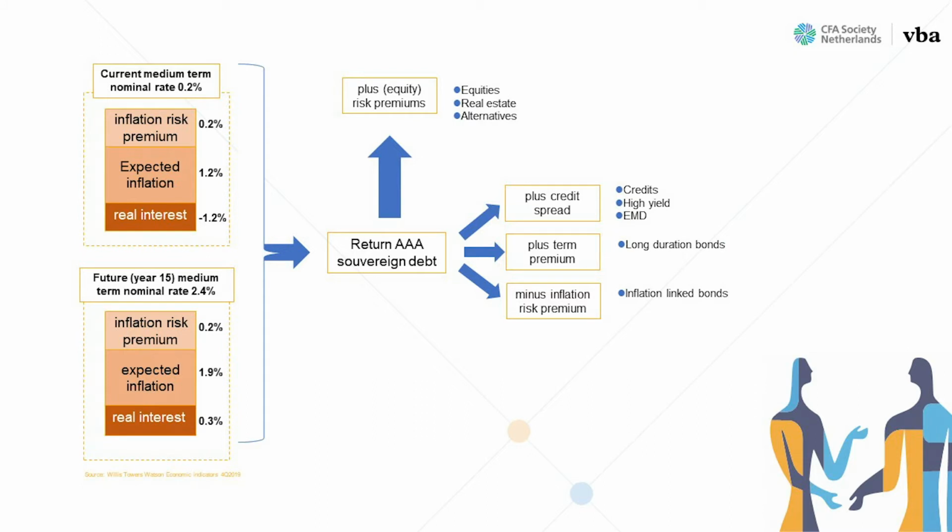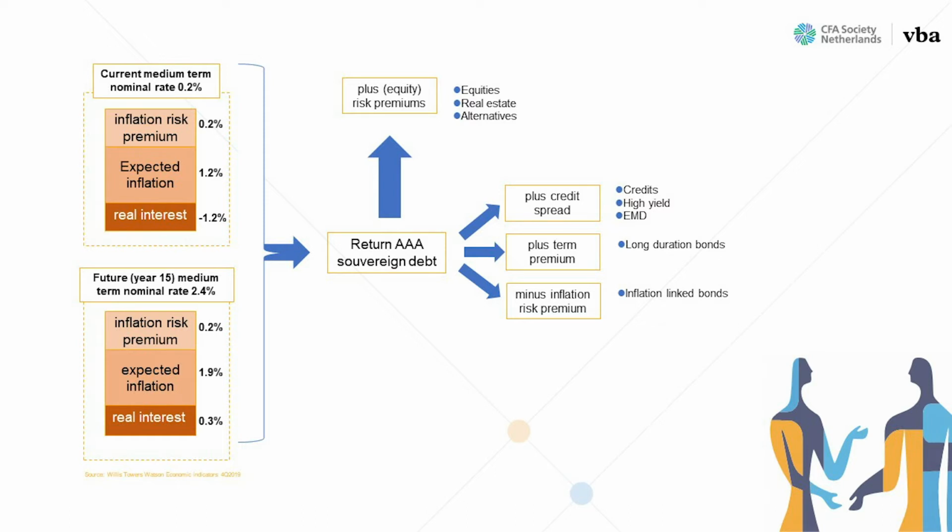Sovereign debt, think of Dutch government bonds, can be viewed as risk-free. Typically, most other asset classes are priced at a premium over the nominal risk-free return. For instance, the expected returns for credit, high yield, and emerging market debt are based on the risk-free rate of return plus a credit risk premium.